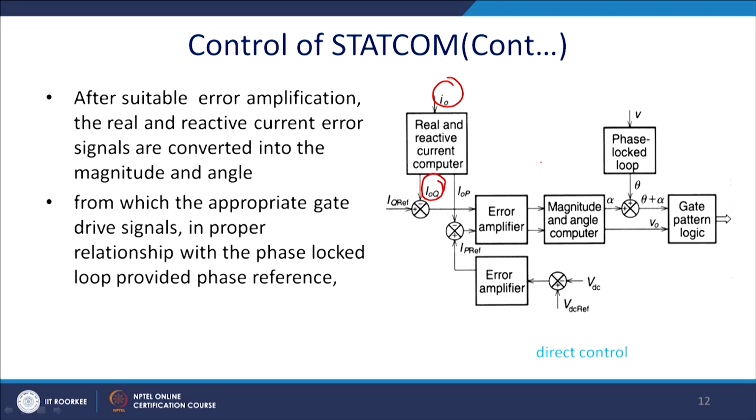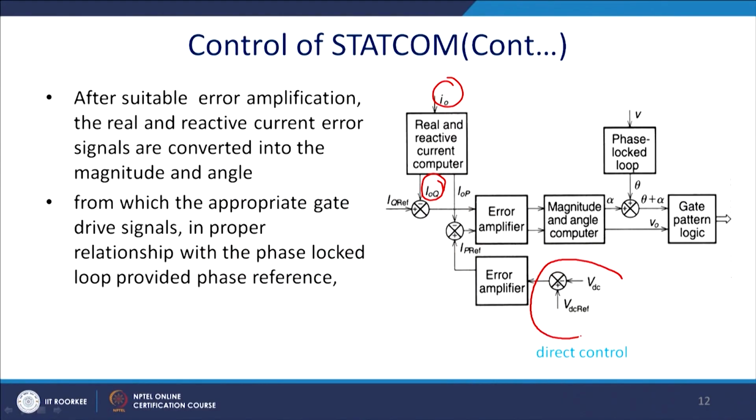But what happened? You also require to maintain the DC bus voltage, because you have to feed the voltage also. For this reason, you have VDC minus VDC ref. From there, there will be an error signal. That error signal will be compared with the real component IP, and it will also be fed to an error amplifier.